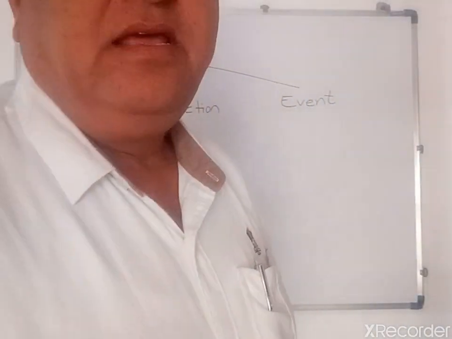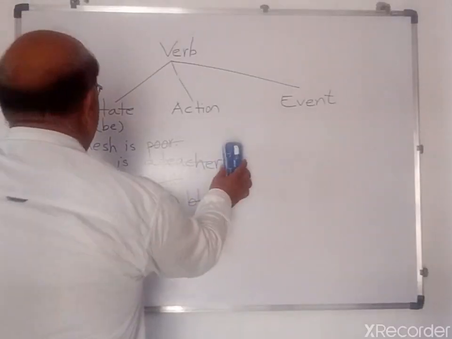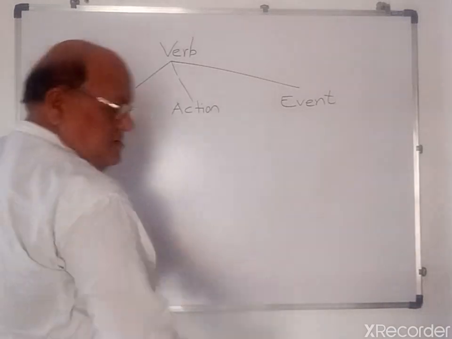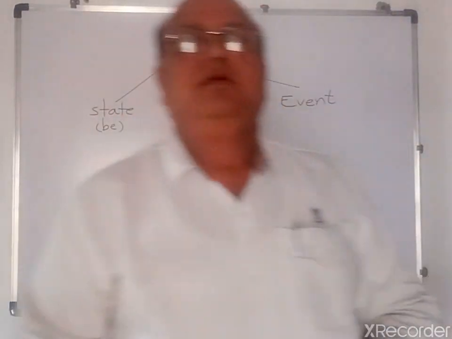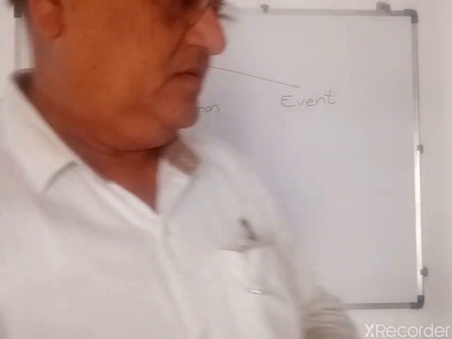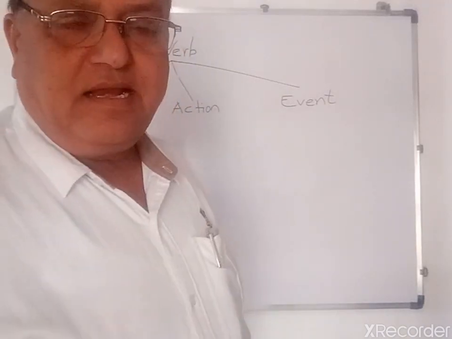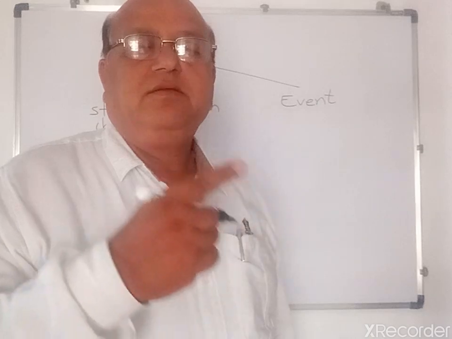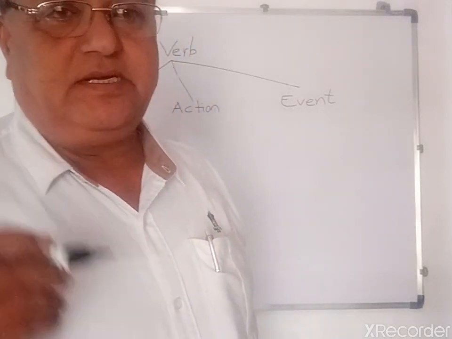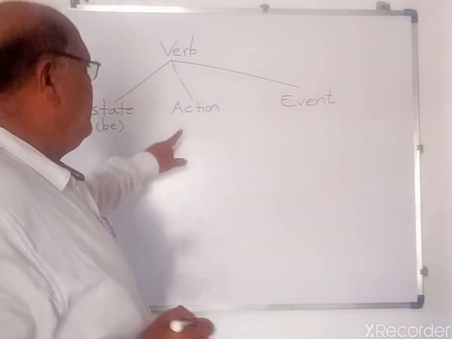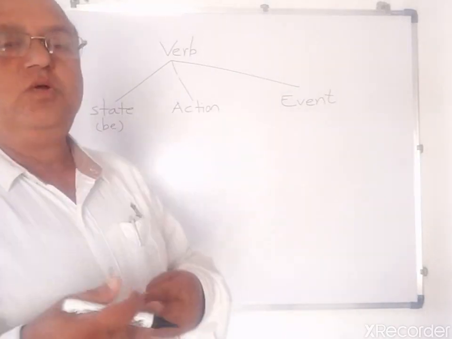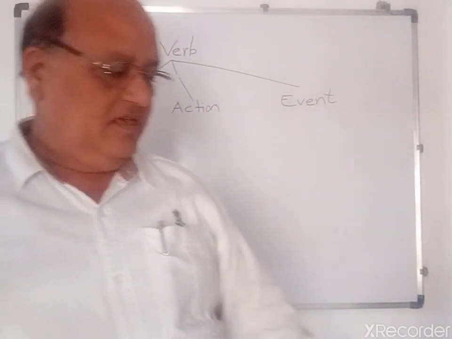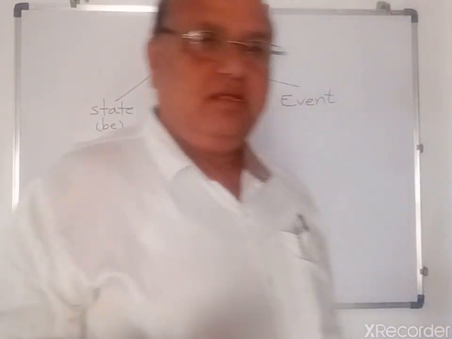Then we shall see about the action verb. Action verbs are used in subject plus verb, SV patterns of sentences. The verbs that denote, that describe, that say about the action.